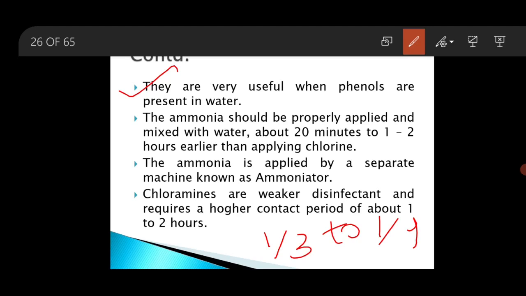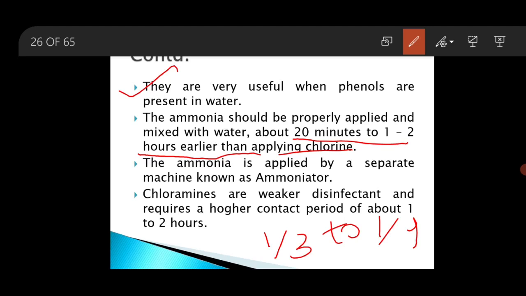The ammonia should be properly applied and mixed with water about 20 minutes to 1 to 2 hours earlier than applying chlorine. This contact period of ammonia is kept higher when phenols are present in water.